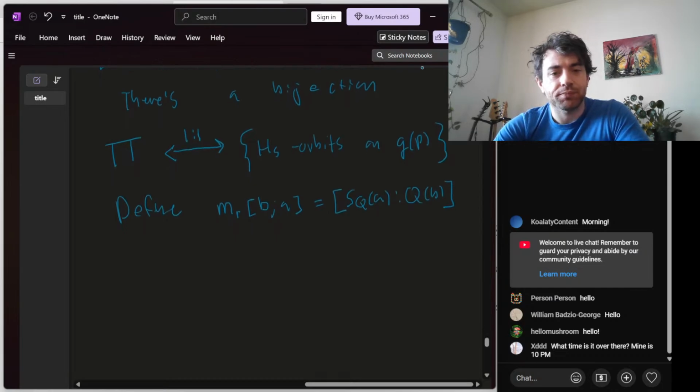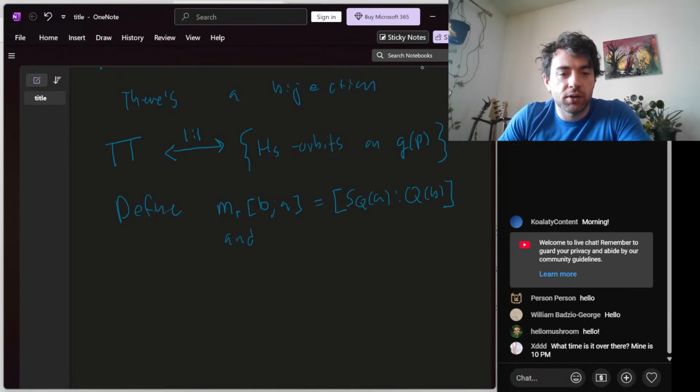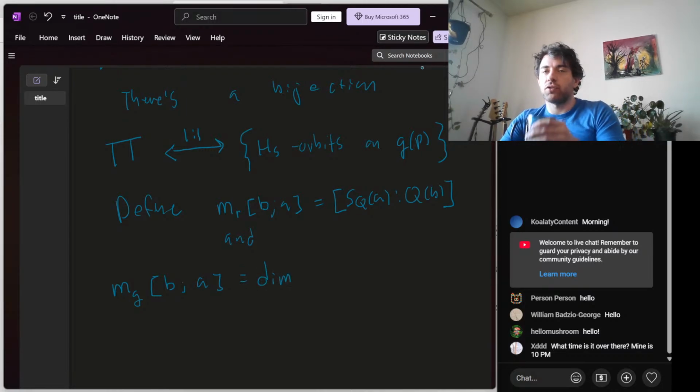Then I'm going to define M_G for the geometric matrix. Let me define M_BA to be the dimension of, how should I write this?